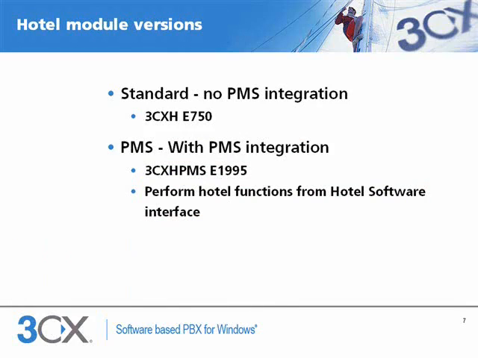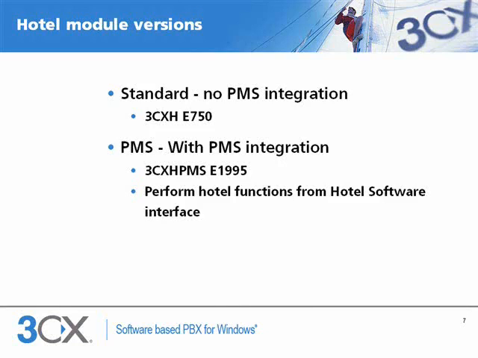The 3CX Hotel module is available in two different versions. Without PMS integration, which stands for Property Management System. In this case, the web interface is used to perform all the hotel-related phone system functions. It's also available with hotel software or PMS integration.